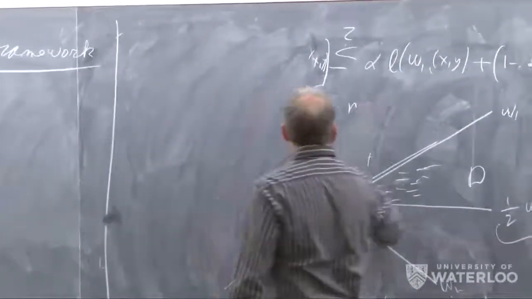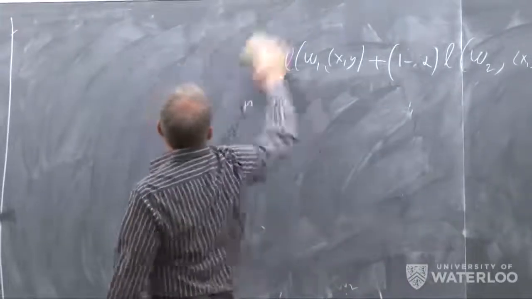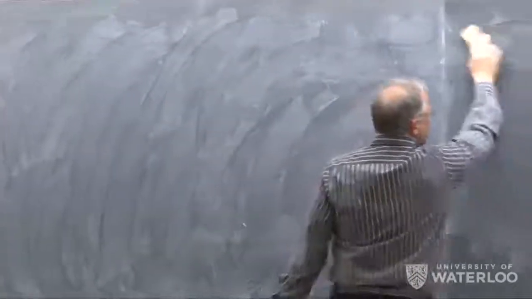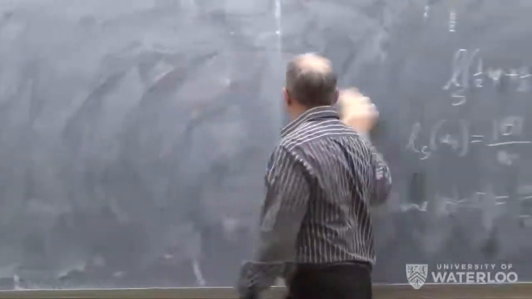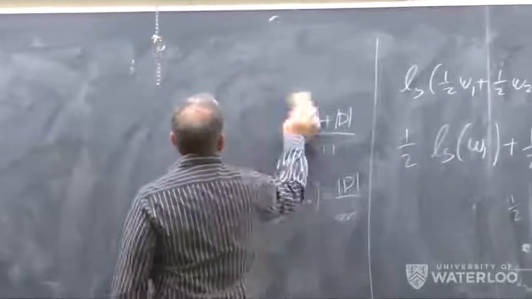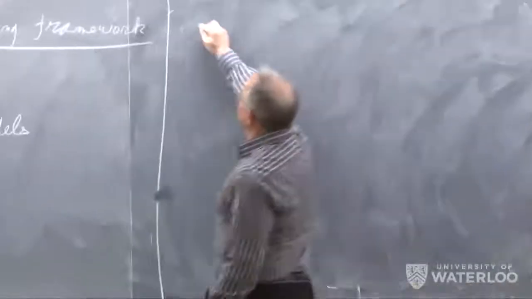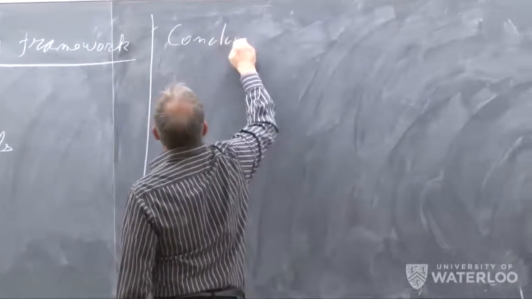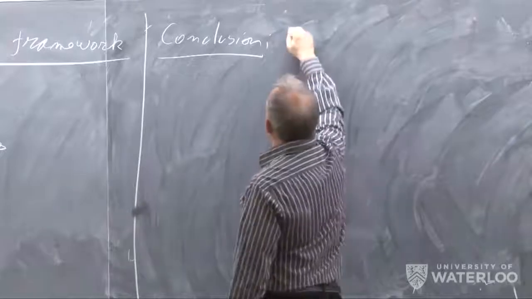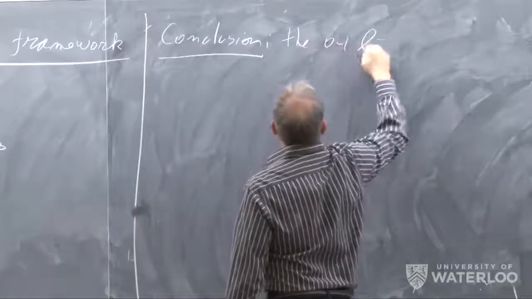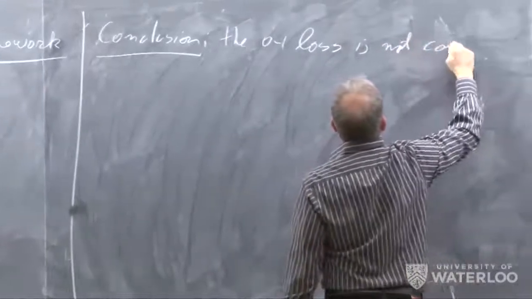OK, so how do we solve it? So our conclusion, and we saw it from several aspects, but we saw an example, is that the 0-1 loss is not convex.